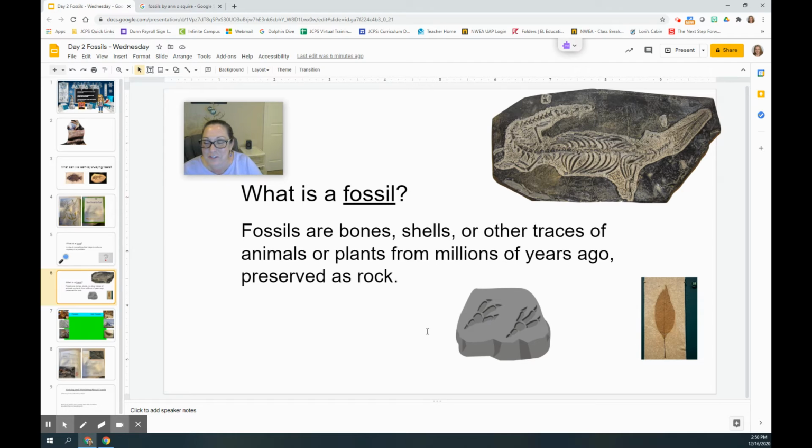It's not actually their foot. And this is an animal body. These are bones. But this right here isn't an animal, but it's still a fossil because a fossil can be a plant also. So fossils can be bones, shells, or other traces of animals or plants from millions of years ago, preserved as rock. So they're always on rock.